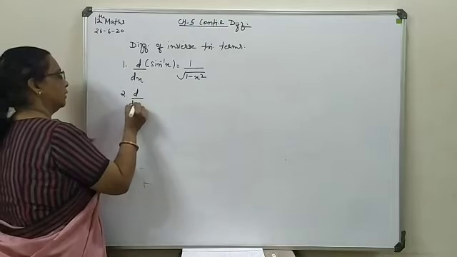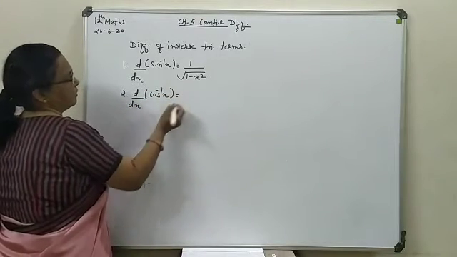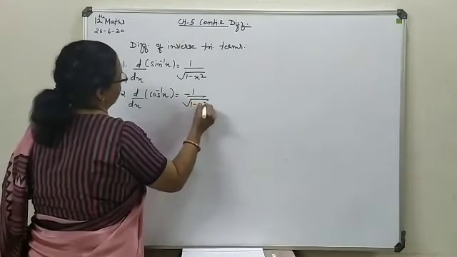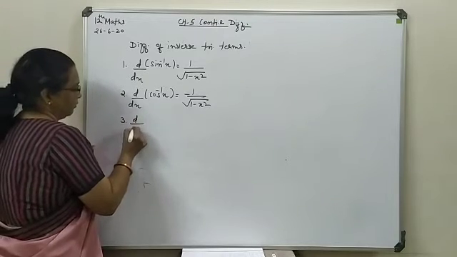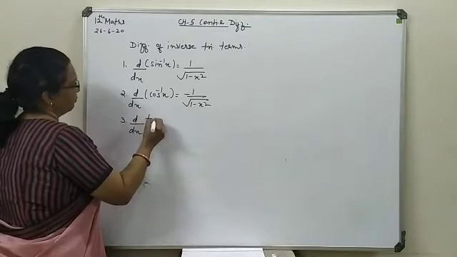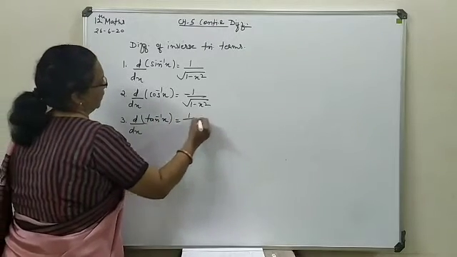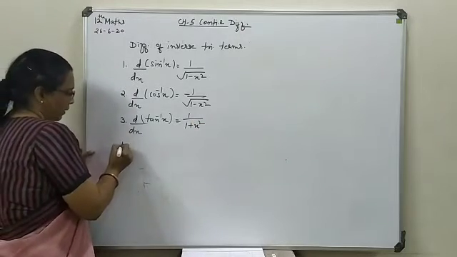Related to this, the derivative of cos inverse x, only a minus is to be introduced. Your term will remain the same. The third one is one of the important ones, many times it will be used: differentiation of tan inverse x, that will be 1 upon 1 plus x square.